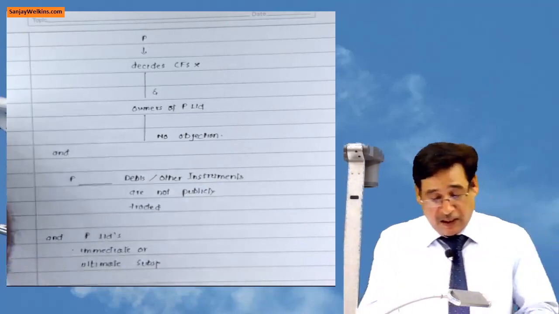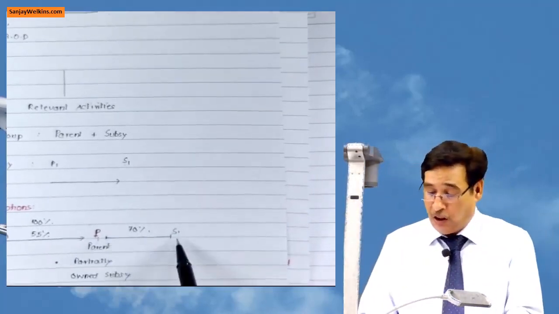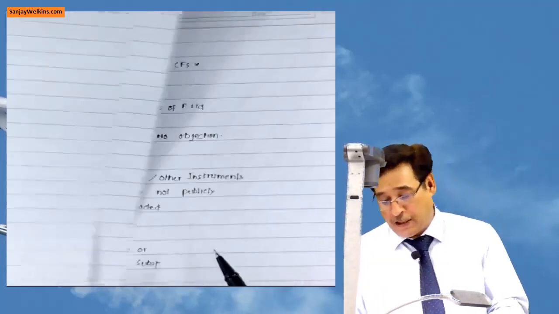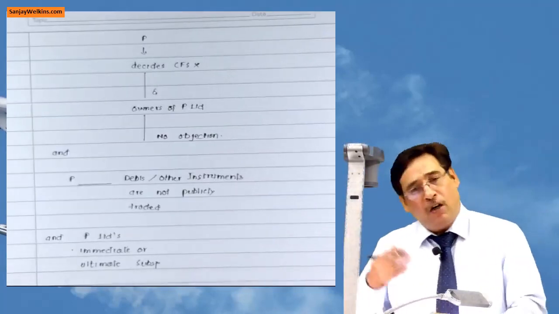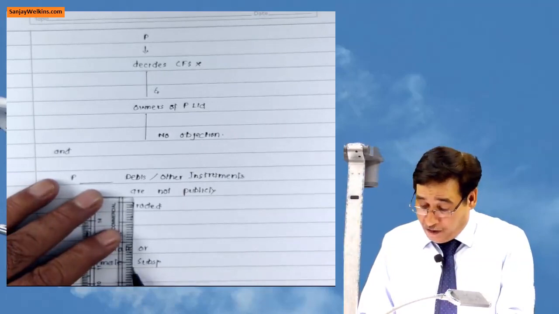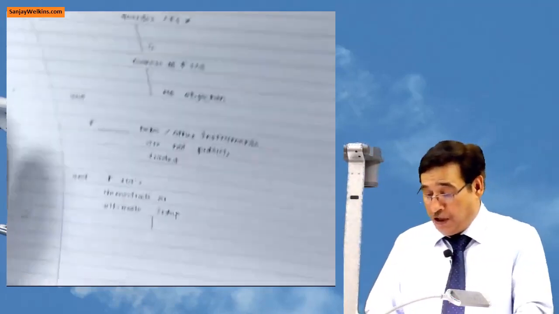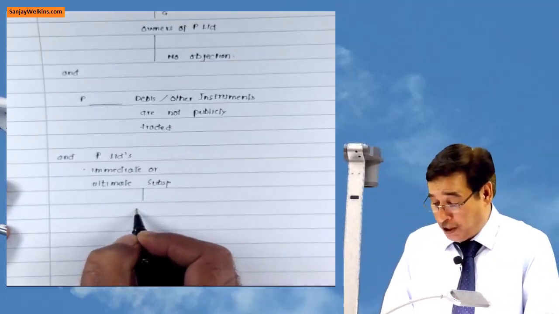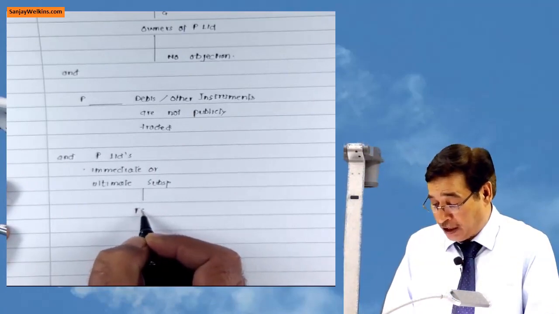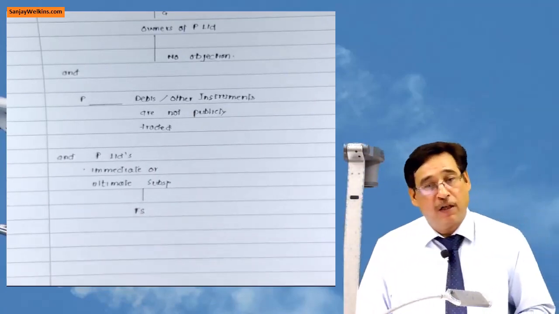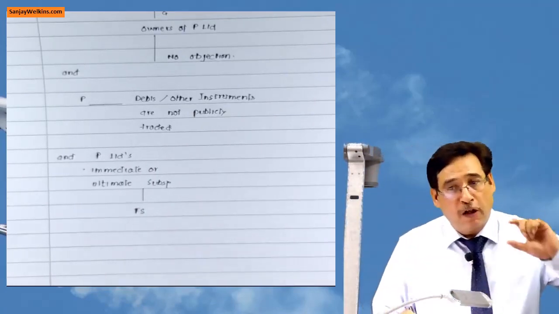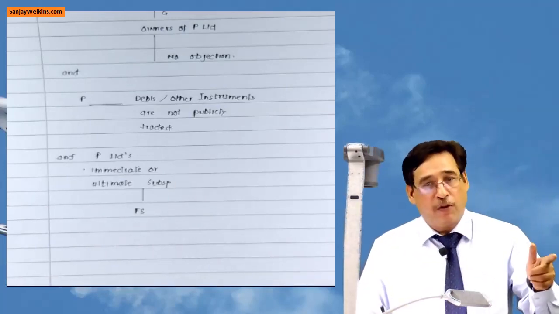Now in this case, the example which we have taken, we have got only an immediate subsidiary, correct? So it's an immediate subsidiary or ultimate subsidiary that prepares financial statements. You can write the full sentence: prepares financial statements for public use.